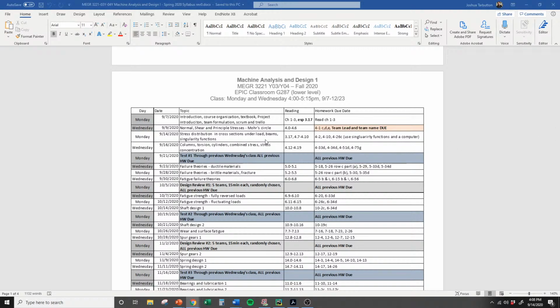The test that we're going to have is a week from today, and it's going to cover all of the loading conditions, and we'll give all assigned problems for the test. It will essentially be, given this object with these applied loads, what is the stress on a cross section? Okay, excellent.